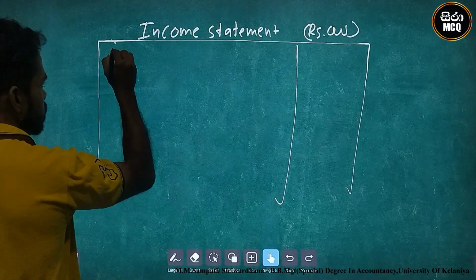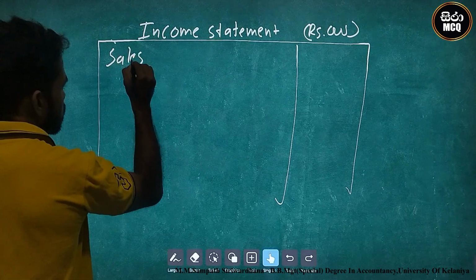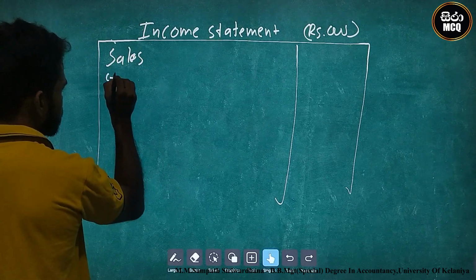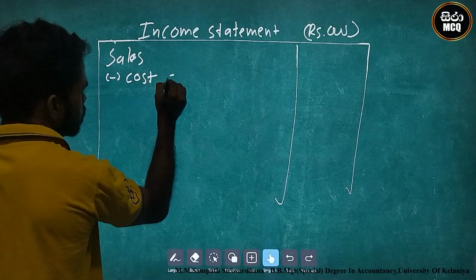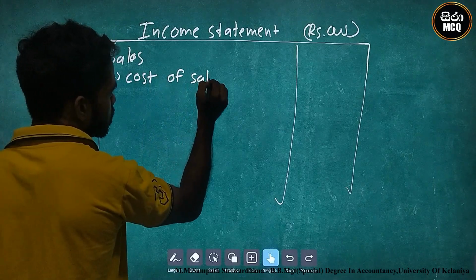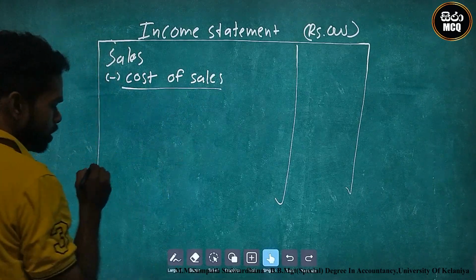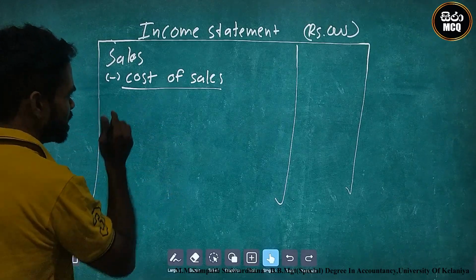What is the major structure? Sales minus cost of sales. What is the structure of the cost of sales calculation?